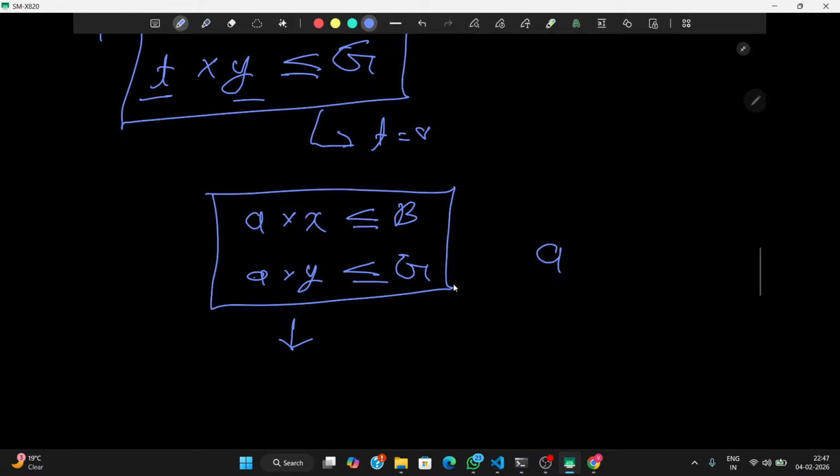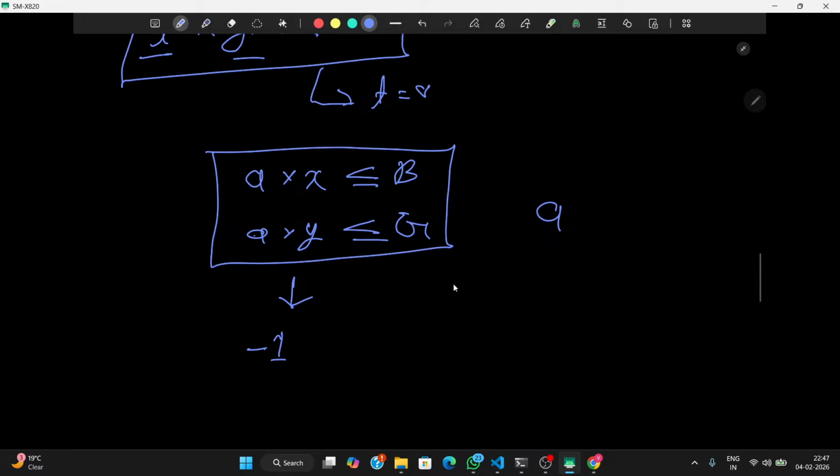Otherwise, we actually cannot accommodate all of the people in the given number of rooms. If this condition is true, then the answer is a. Otherwise, the answer is minus one.